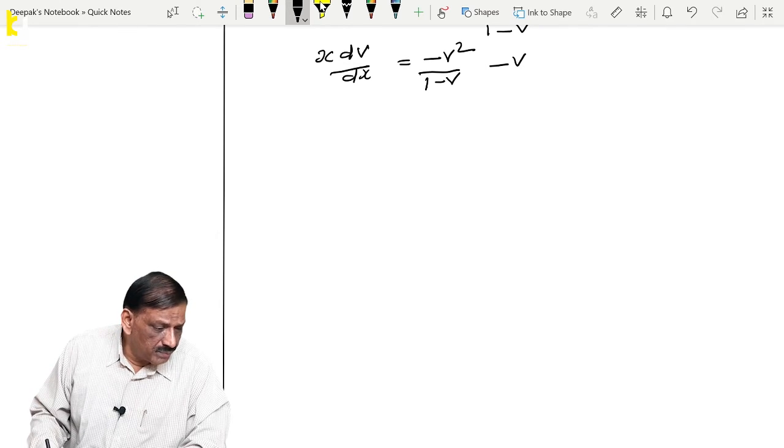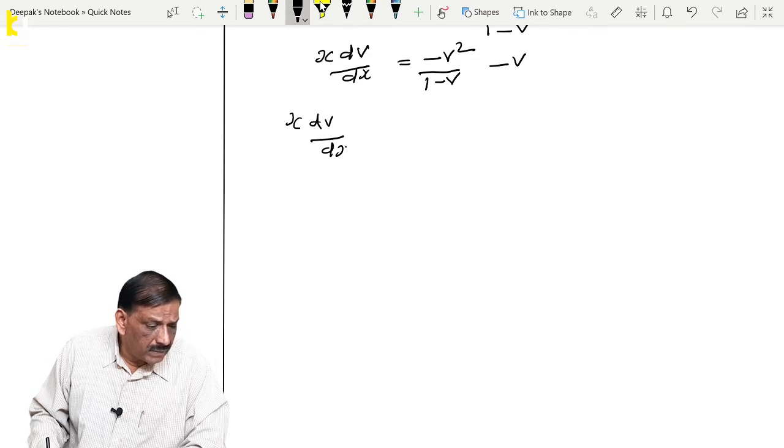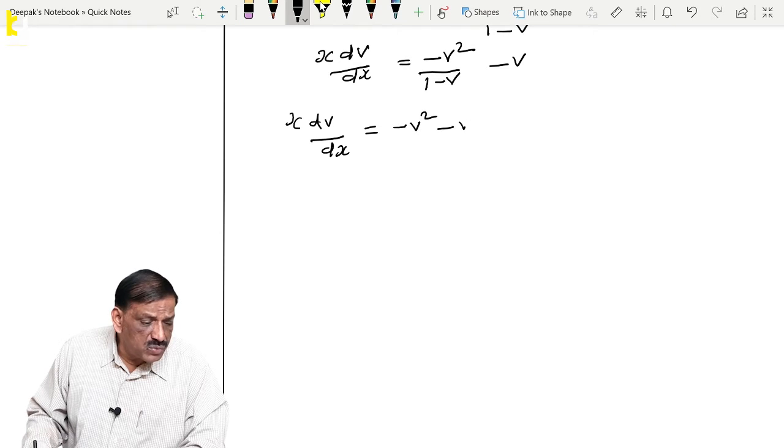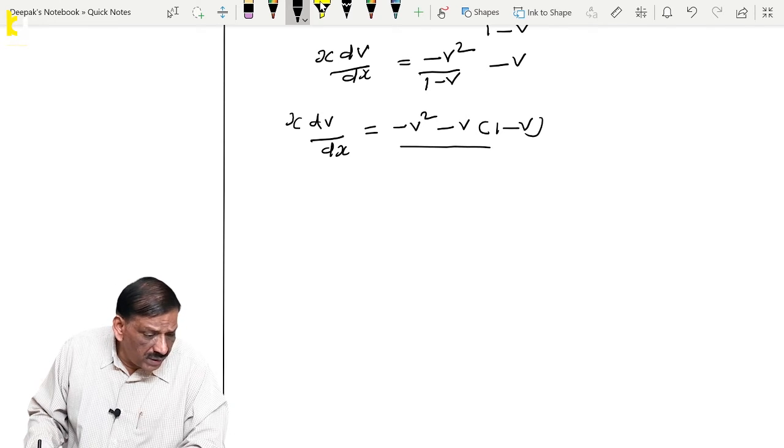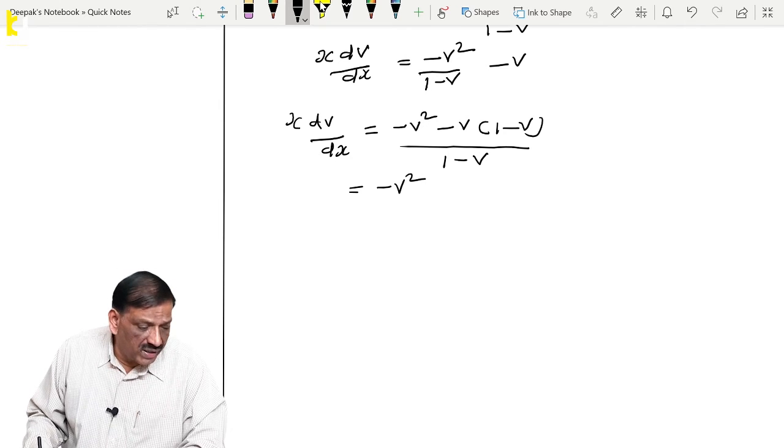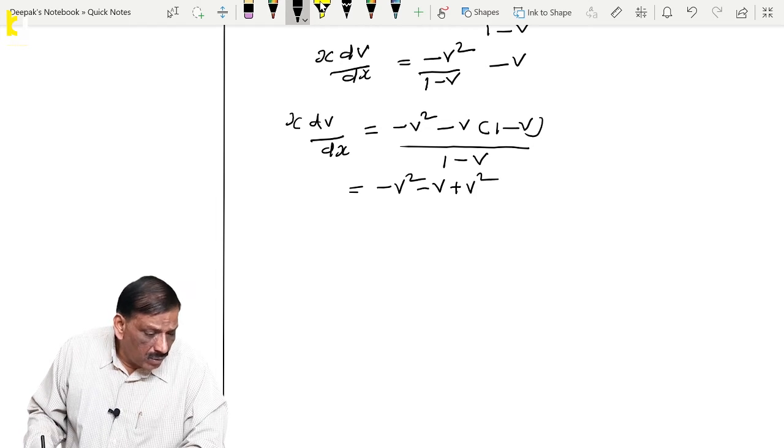That is x dv by dx equal to minus v square minus v into 1 minus v whole divided by 1 minus v. That is equal to minus v square minus v into 1, that is minus v, into minus v, that is plus v square, whole divided by 1 minus v.